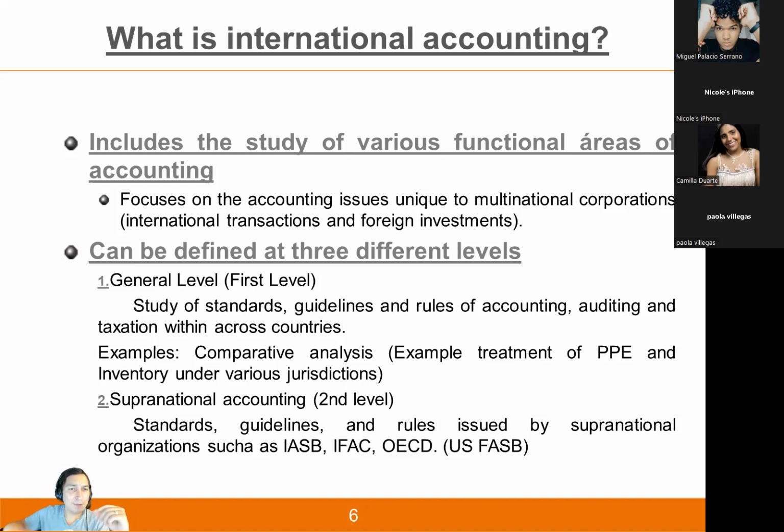To have the wider scope and context of the topic, it can be defined at three different levels. The first is international accounting, the general level that studies the standards, guidelines, and rules of accounting, auditing, and taxation across countries. Who do you think is at the general level?